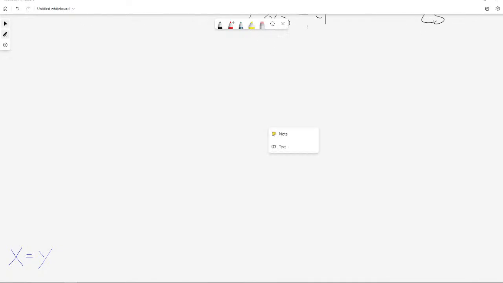Now let's convert this to a fraction. 66 and 2/3%. So remember, we want to multiply by 100. So we're going to end up with 200 over 3.